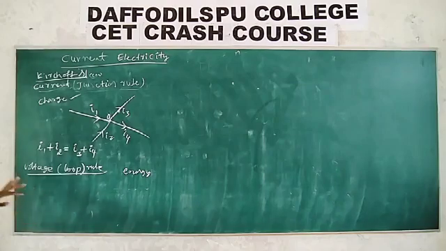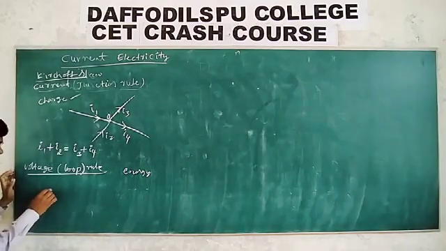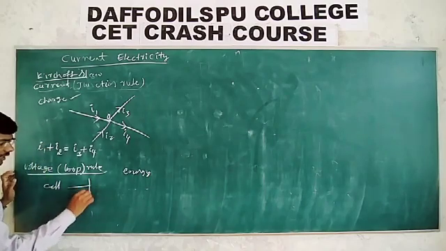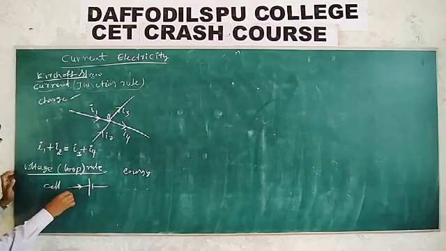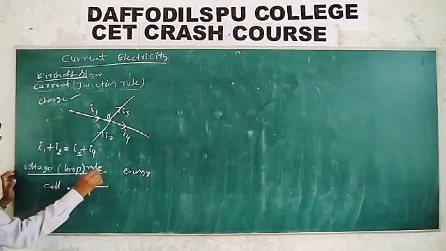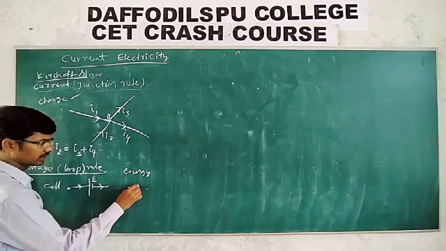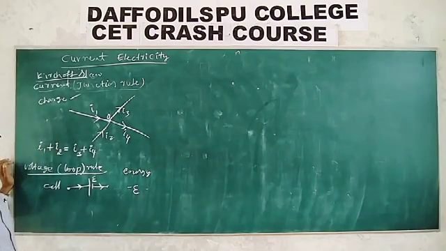But before that, we need to know the sign convention. For the potential difference of a cell, if you are moving from positive to negative, the EMF of the cell is taken as negative.